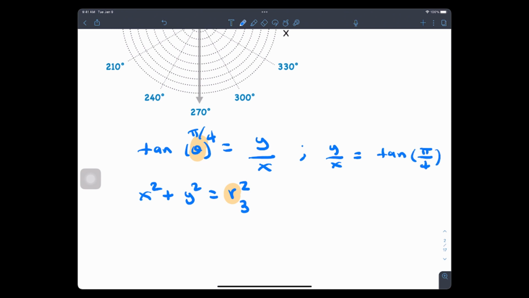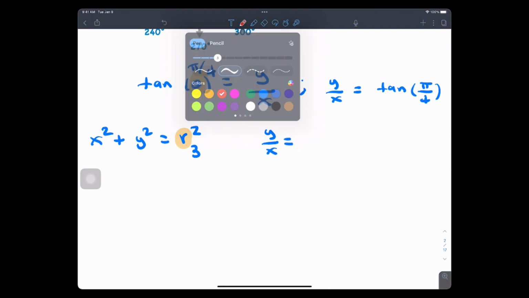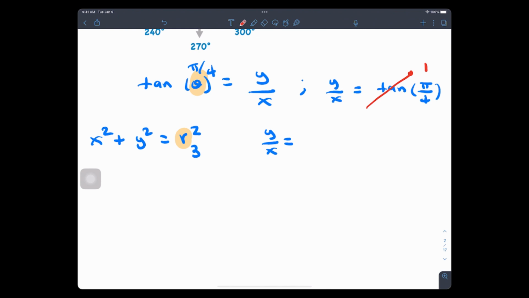What you guys should be aware of is, what is tangent of 45 degrees? Tangent 45 degrees we know is going to be the number 1.